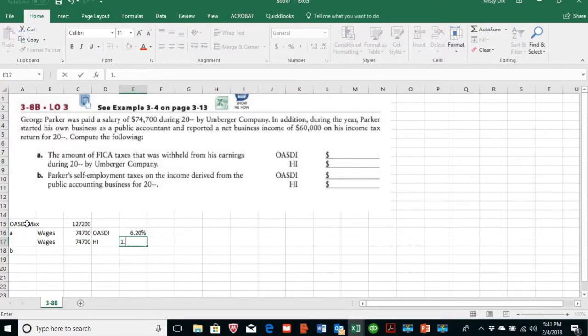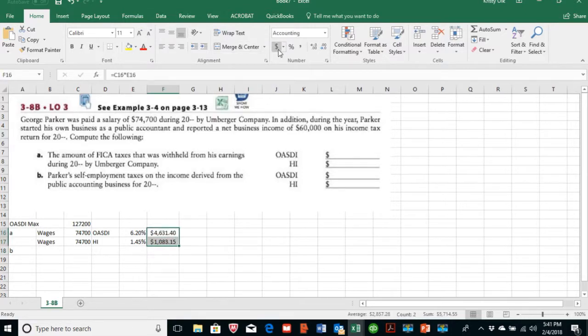And the employee portion of HI is 1.45%. Therefore, the amount that was withheld would be his wages times the applicable percentage, of $4,631.40 of OASDI and $1,083.15 of HI.